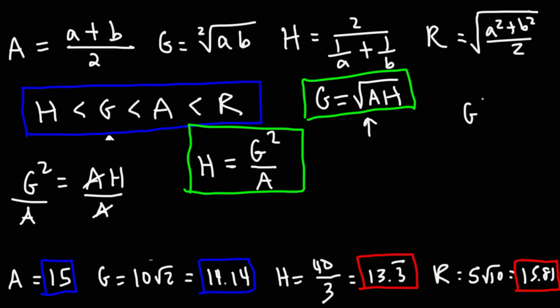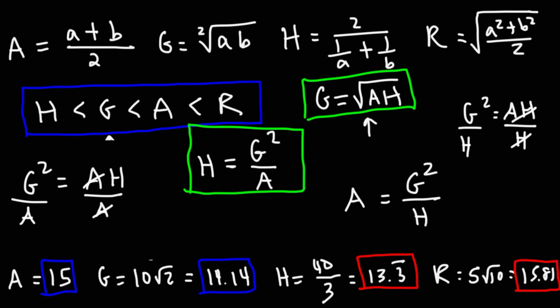Now going back to this form of the equation, instead of dividing by A, we could divide it by H. And we'll get that the arithmetic mean is the square of the geometric mean divided by the harmonic mean. So if you know two of those means, you could find the other one.